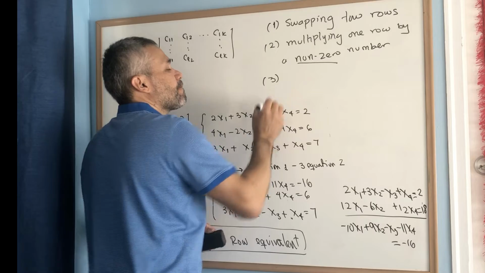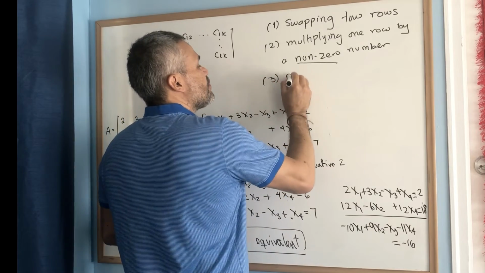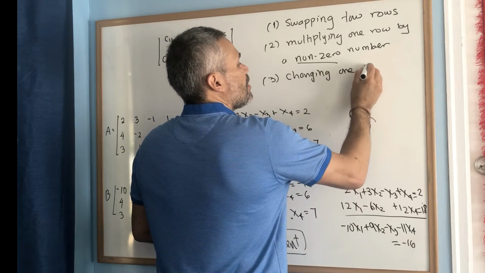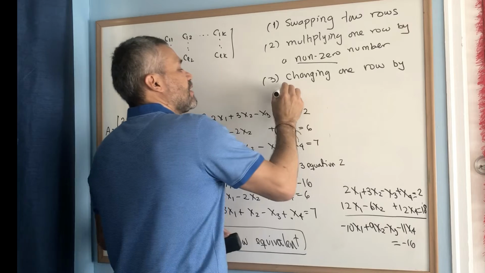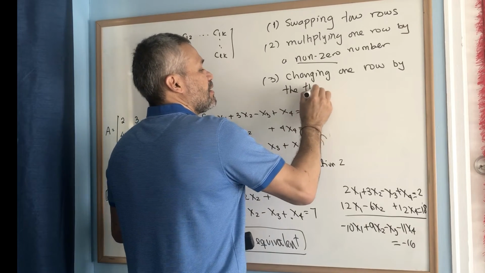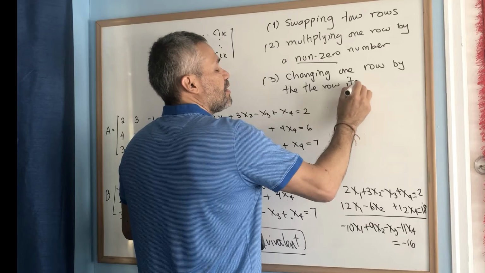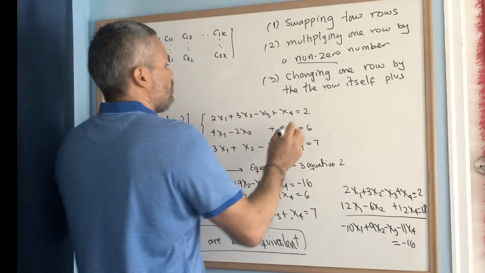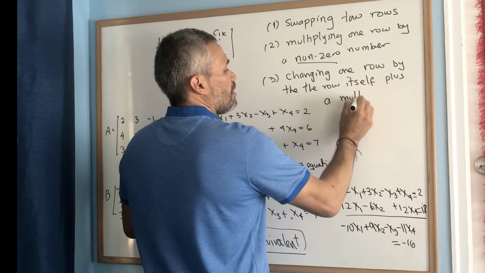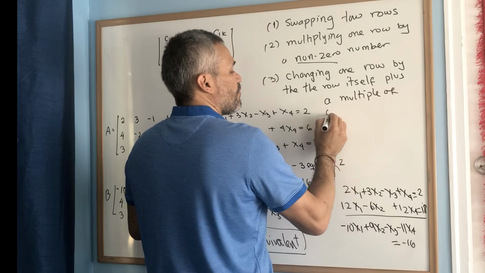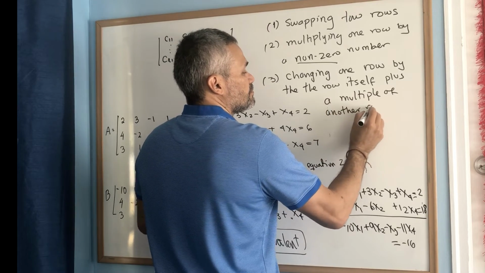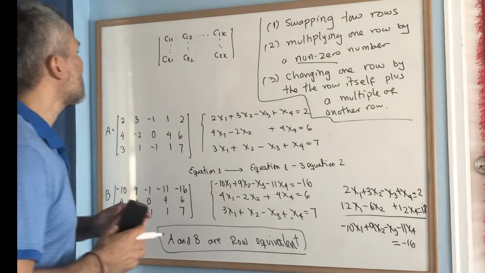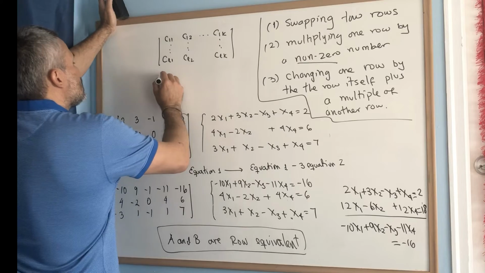And three, changing one row by the row itself plus a multiple of another row. Then these are going to be called row operations.